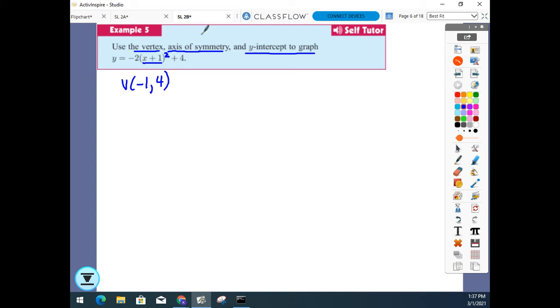So the general equation is a times x minus h squared plus k, where the vertex is (h, k). The opposite of this number and this number, that's where we find the vertex. The axis of symmetry goes through the vertex. So I'm going to label this axis of symmetry, x equals -1.